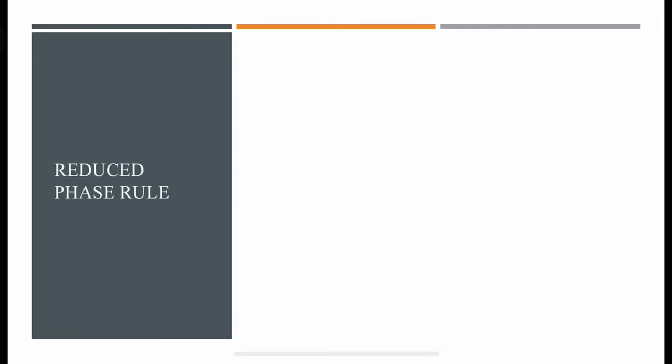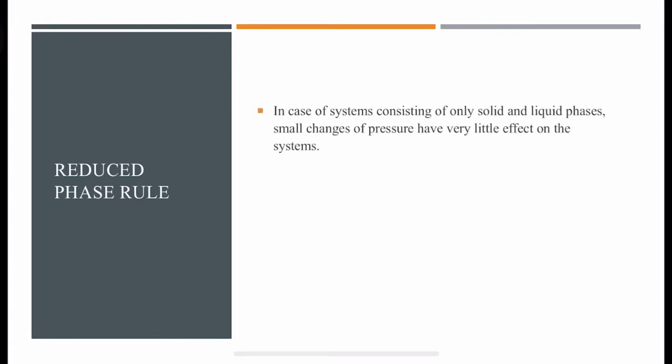Now what is the reduced phase rule? Reduced phase rule કોને કહેવાય? In case of a system consisting of only solid and liquid phases, small changes of pressure have very little effect on the system. એટલે કે a solid liquid equilibrium of any alloy has practically no gaseous phase, and the effect of pressure is negligible.